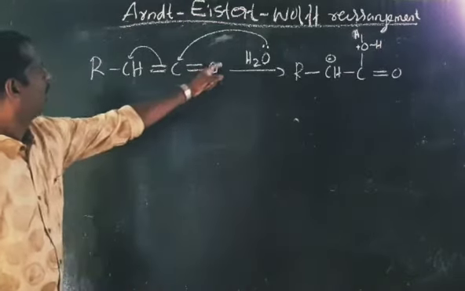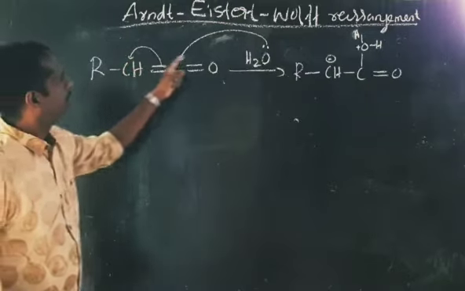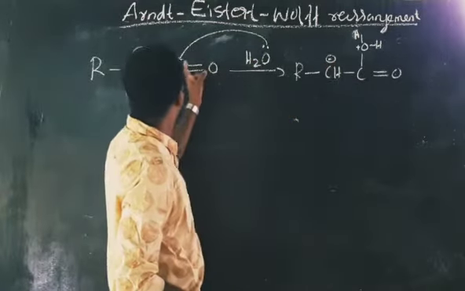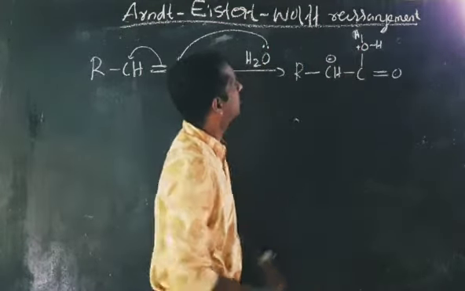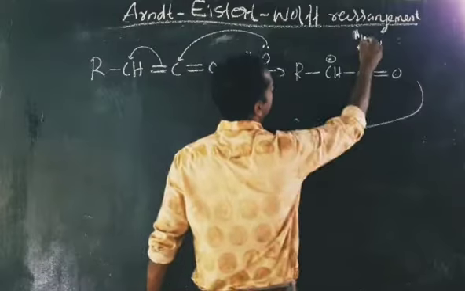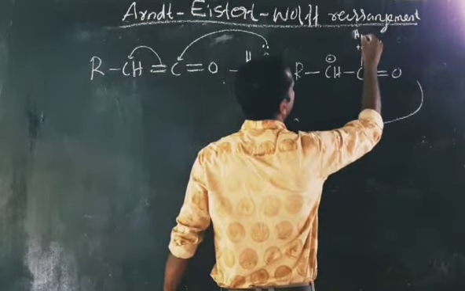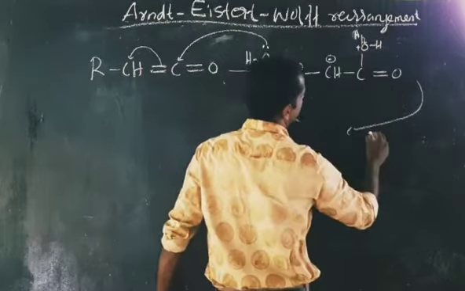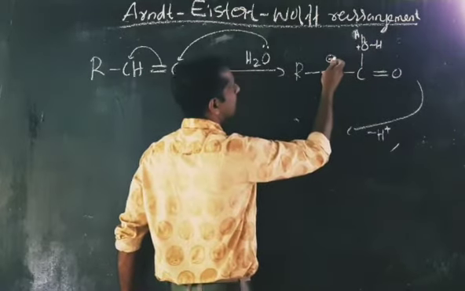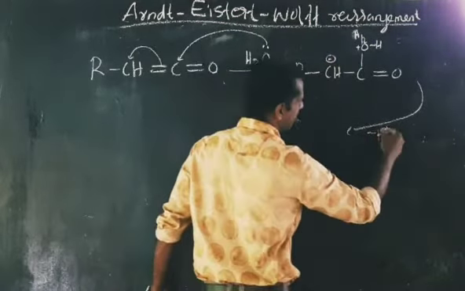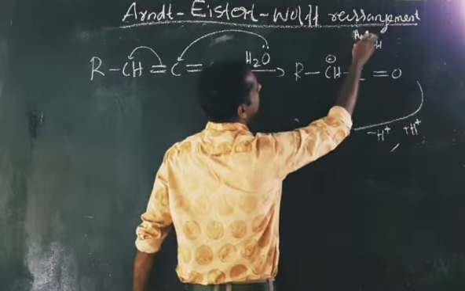Once again, the water molecule's lone pair attacks this carbon. This pair of electrons moves to this carbon, which gets a negative charge, and oxygen gets a positive charge. In the next step, for stability, minus H plus: one proton is removed from oxygen, and it becomes OH.